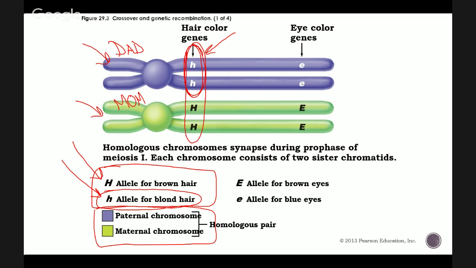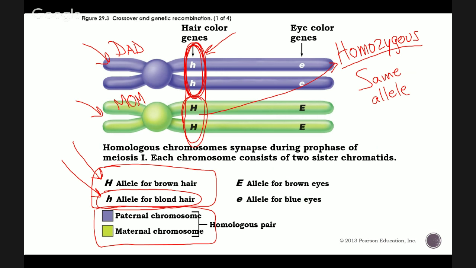What I'm just trying to illustrate to you here is the terminology. So if we see that we have two of the same symbols for the allele together, so we have two lowercase h's, we call that homozygous. Okay, so it's the same allele. So if we have two uppercase H's, would that be homozygous also? Yes, it would.